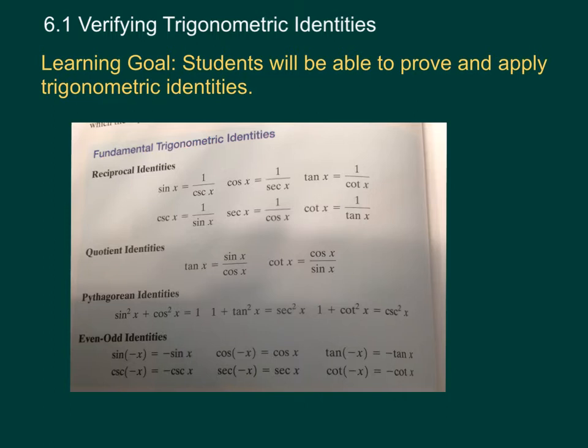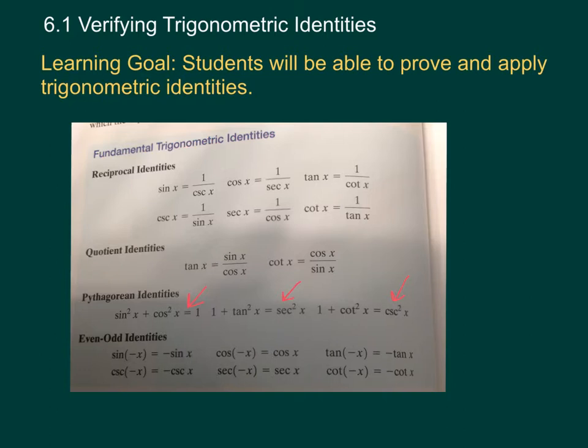We have the reciprocal identities, the quotient identities, Pythagorean identities, and the even-odd identities. We have covered these in previous lessons, but we are going to be using these now to help us verify. Now, I do want to note that for these Pythagorean identities, you can change these around to make them equal whatever you want.